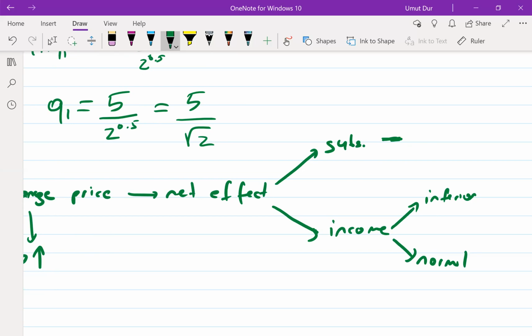Azalır mı, artar mı? Hadi bak, bırakmayacağım yoksa. Bir ürün pahalılaştı, fiyatı arttı. Sizin income'ınız nasıl değişir? Artar mı, azalır mı?